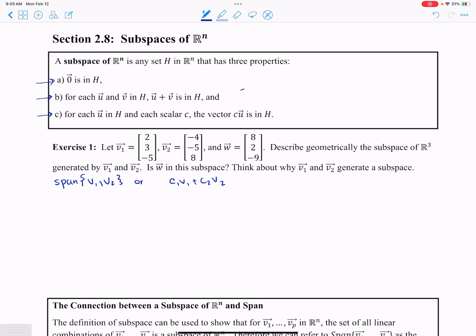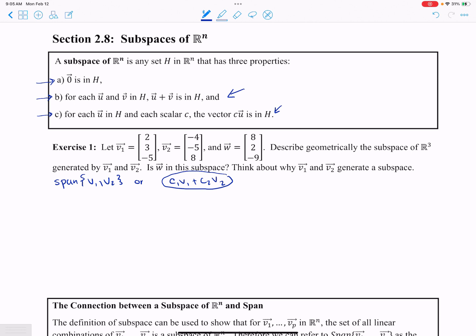Because of property B, if you add any two vectors, the result has to be in there, and this one says any scalars. If you combine those two, it's basically saying any linear combination is also in your space. So the subspace generated by V1 and V2 is the set of all linear combinations C1 V1 plus C2 V2.